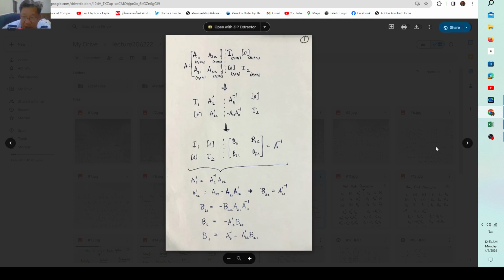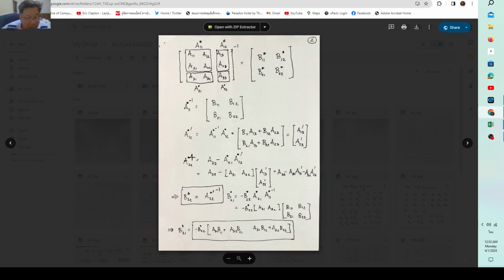So this one becomes A22 star prime. A22 star prime will be equal to A22 star, which is A33, minus this one, A21 prime, multiplied by A12 prime, because you already converted this.